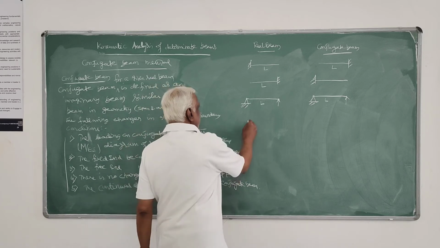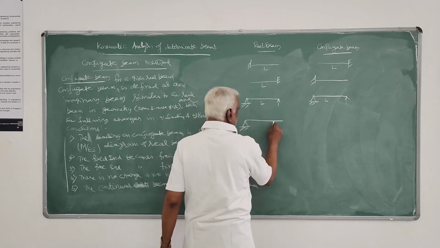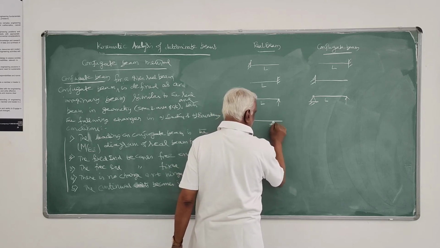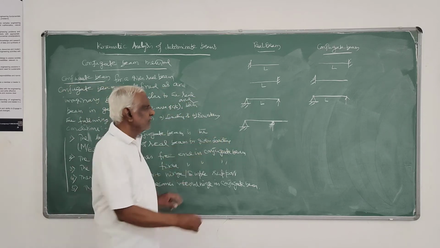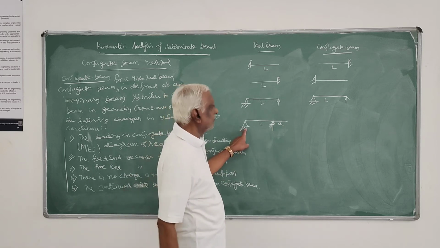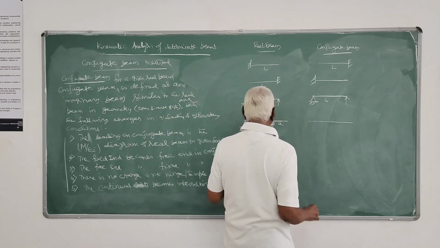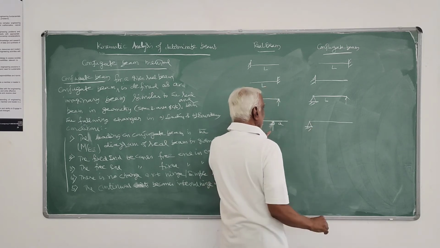Then the continuous end. Suppose this is the overhang beam problem given like that. This is the beam given, with length L and this is EI. Then this is a simple support. The geometry remains the same, right? Here this support remains the same, right?